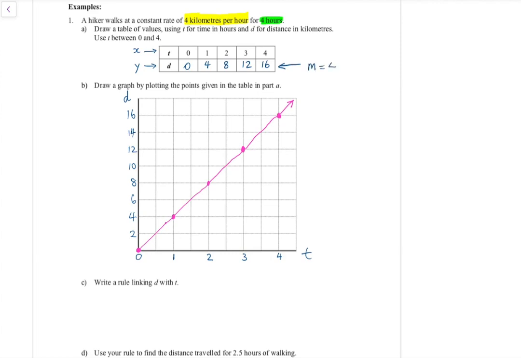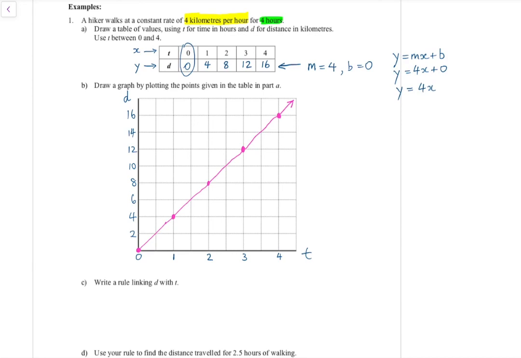And we also said in the x row, what's the number underneath 0? In this case, the number underneath 0 is 0. So the rule would have been y equals mx plus b becomes y equals 4x plus 0, or just 4x, because we don't need to write the plus 0.